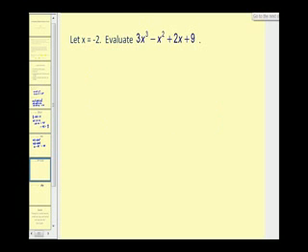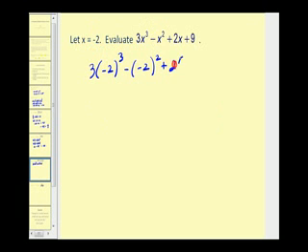And let's try another. Here we have x equals negative 2, so we'll substitute negative 2 in for x. So we'll have 3 times negative 2 to the third power minus negative 2 squared plus 2 times negative 2 plus 9. Next we'll simplify the exponents.